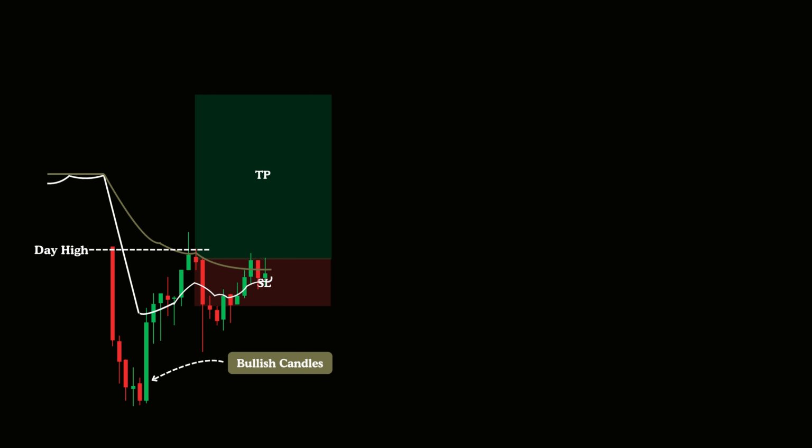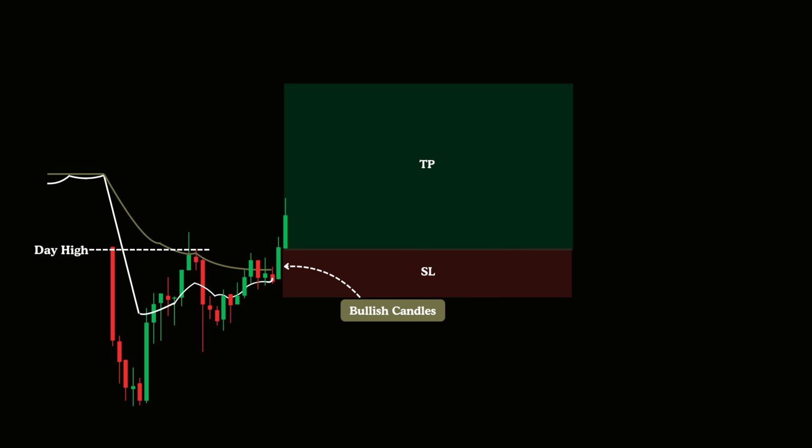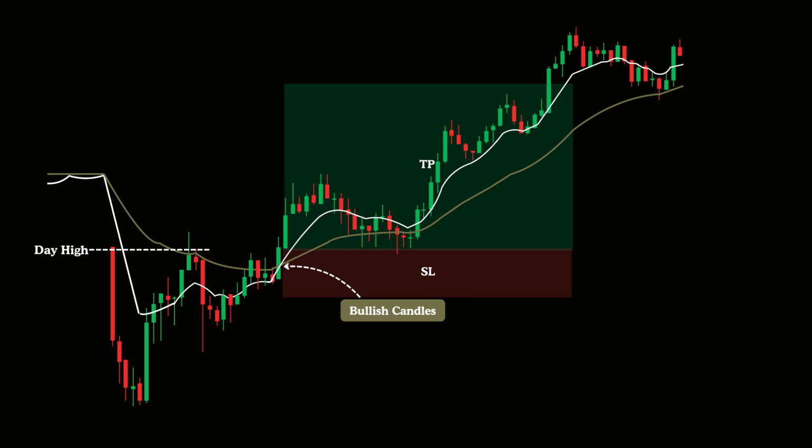It has not broken the EMA level, making it an invalid entry for a long trade. Later, as the price closes above the EMA level with a bullish candle and a crossover occurs, we then set a small stop loss. At this point, we can enter a long trade. The price continues upward shortly after and successfully reaches our profit target.